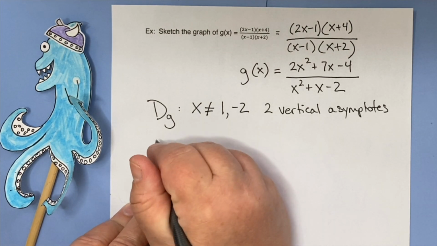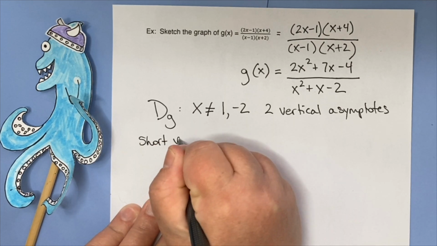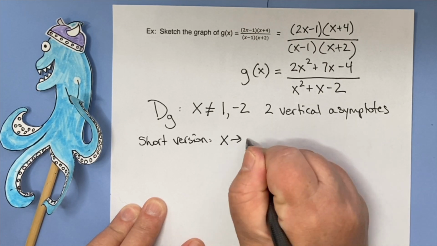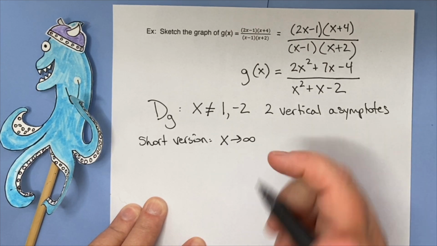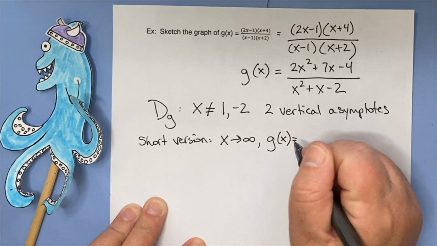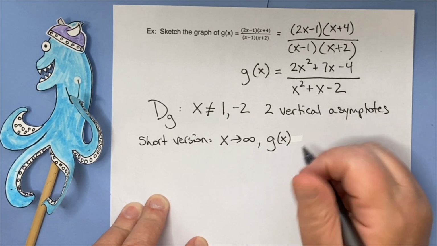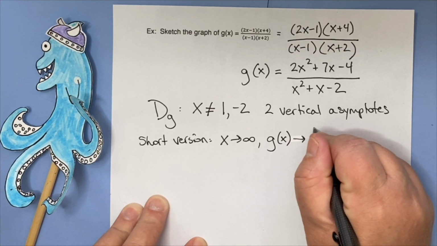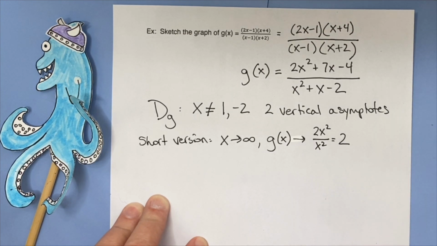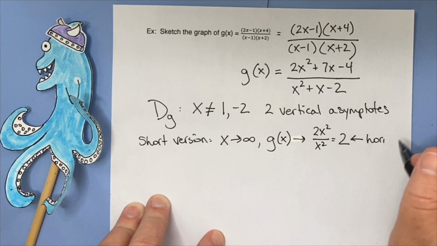One of the ways to do it is the short form: as x gets really big, g of x starts to look a lot like 2x squared all over x squared, which is equal to 2. And so that suggests a horizontal asymptote.